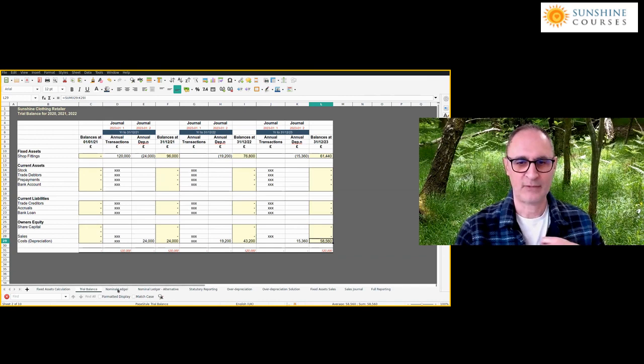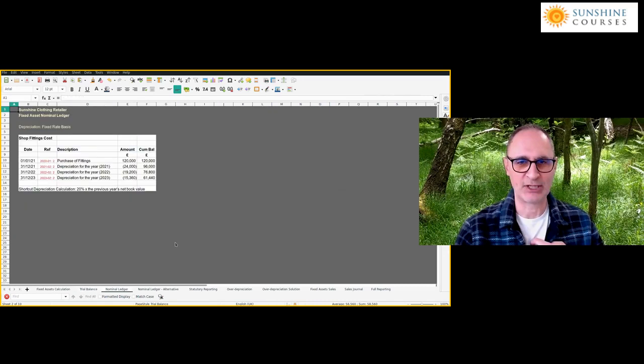And I'm just going to show what that looks like in the nominal ledger. So if you're entering using computerized accounts, we would enter this depreciation each year as a journal. And in the nominal ledger for shop fitting costs, we'd show we bought the shop fittings of £120,000. At the end of the first year, we put the journal through for the £24,000.